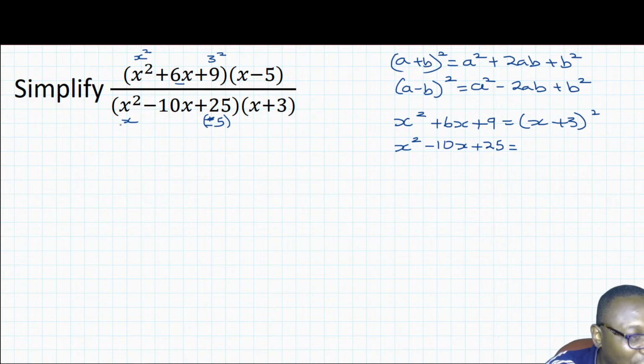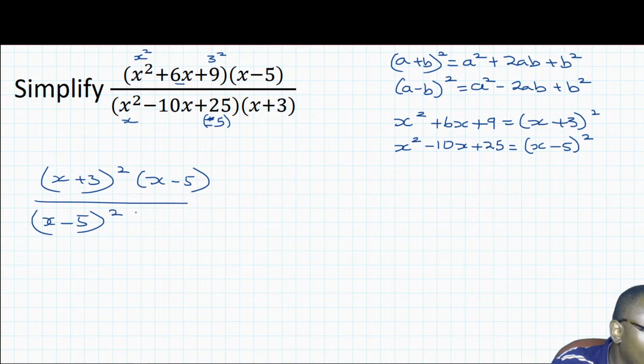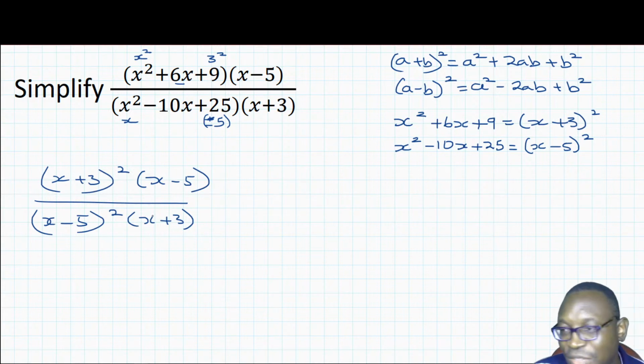That is going to give you negative 10x. So you're going to have (x minus 5) squared. So now our expression is going to look like this: (x plus 3) squared multiplied by (x minus 5) divided by (x minus 5) squared multiplied by (x plus 3). Let's see what you come up with. So I've gotten you halfway through. The rest of it is just simple division.